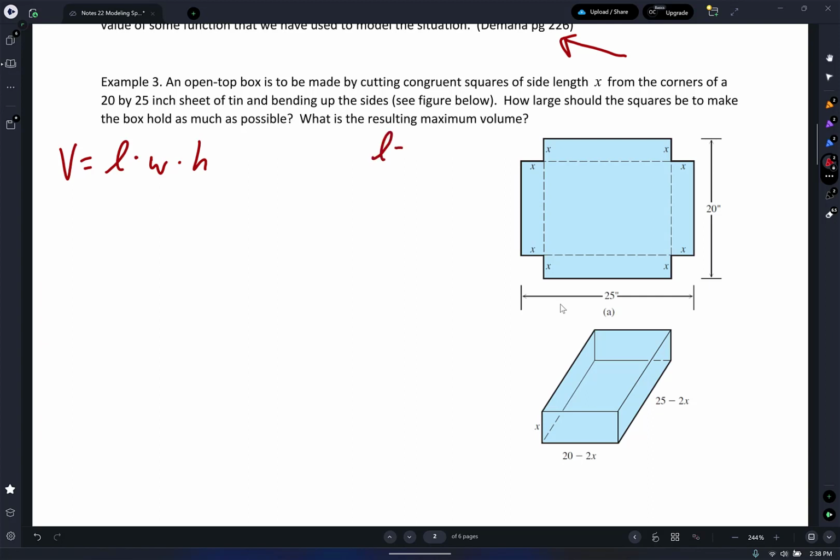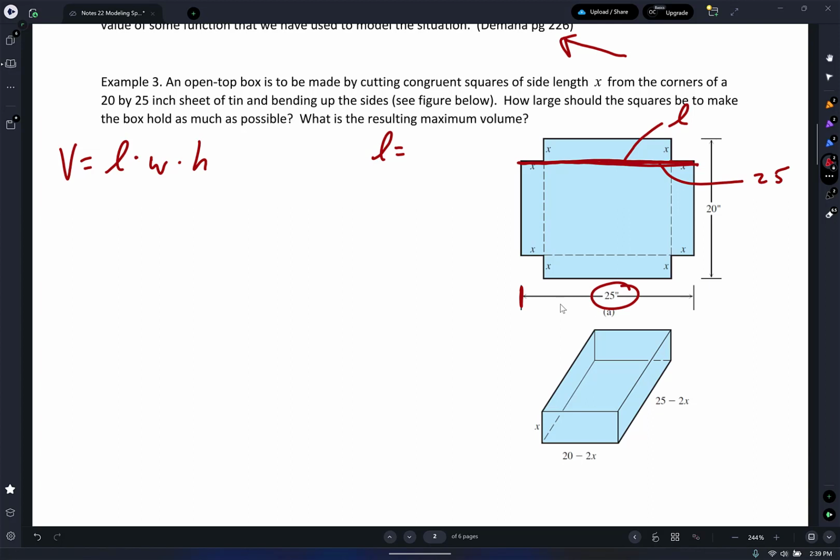Length equals. If you fold up these edges, so look, the pictures are here. If you fold up these edges, that's an X, that's an X. So this distance here, if you want to call that your length, notice that is currently the way it sits, that's 25, because it's a 25-inch box.